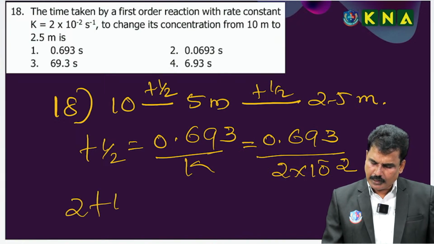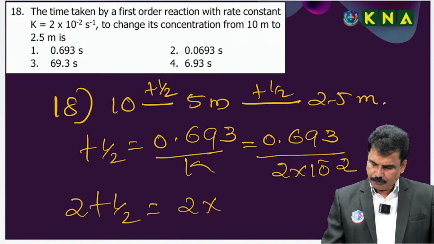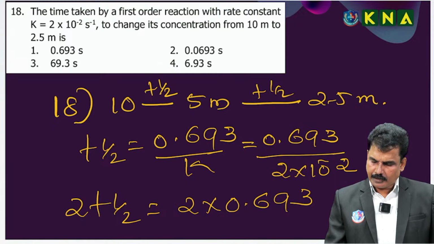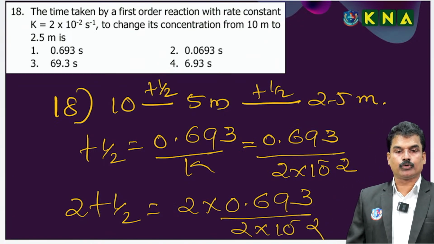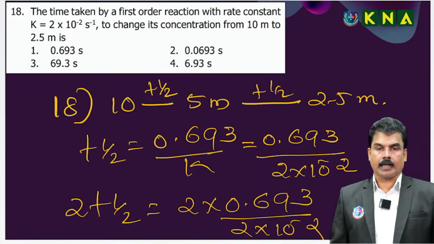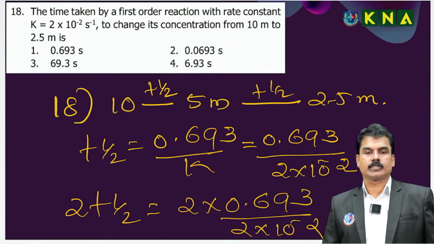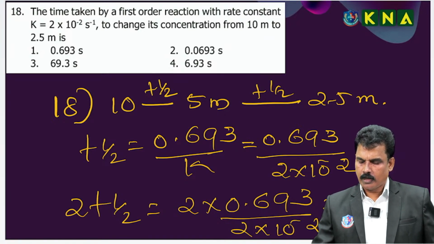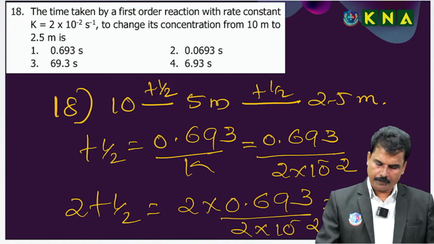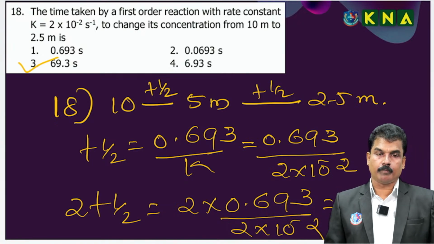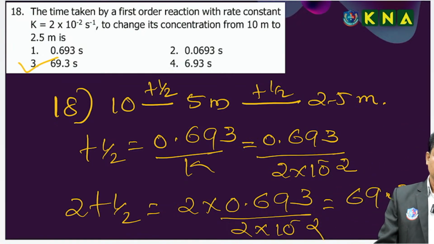But what is 2 T half? 2 into 0.693 by 2 into 10 to the power minus 2. But 2 cancelled, 0.693 by 10 to the power minus 2. Okay, so 0.693 into 10 square, 69.3. So third option will be the correct option.